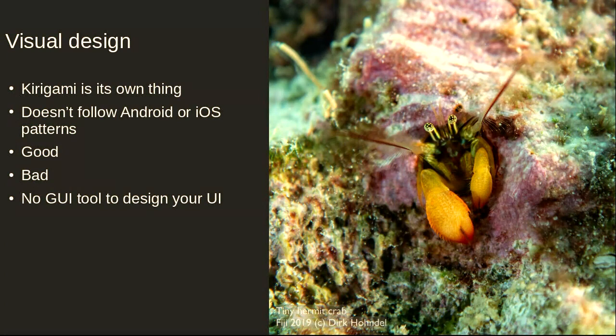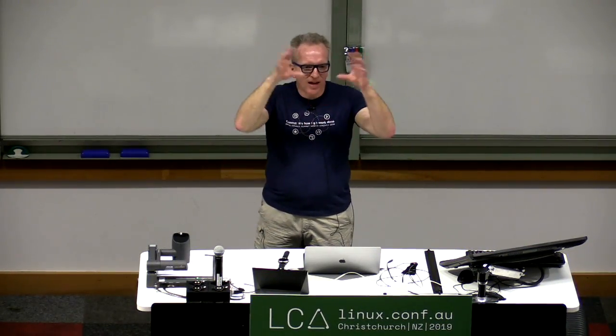It is relatively easy to get started, but it creates something that may not be exactly what you are hoping for. And my biggest complaint, and people who have heard me talk about this may be surprised, is that there is no GUI to create your user interface. So you're back to the 1990s of having boxes and layouts, doing this all in text and then running it to see how it flows.